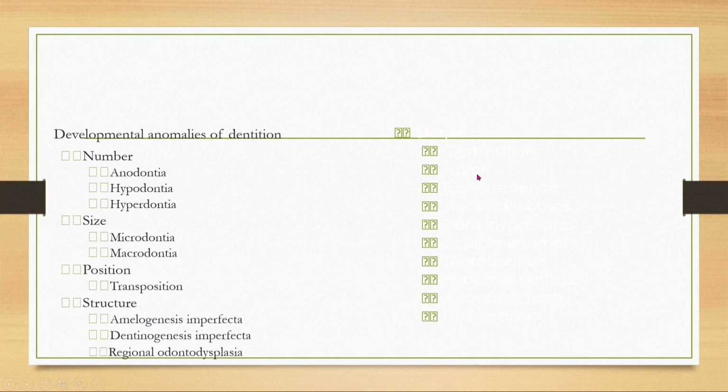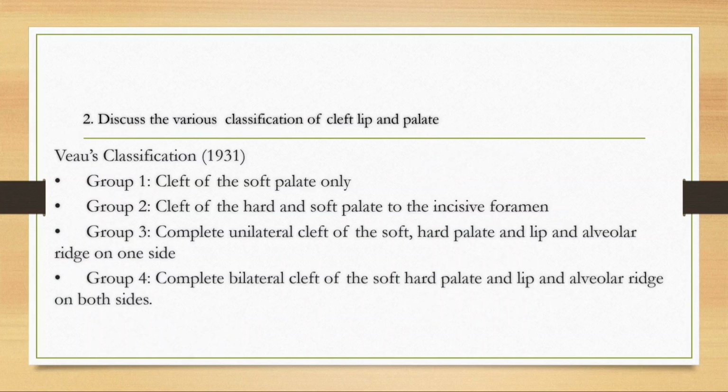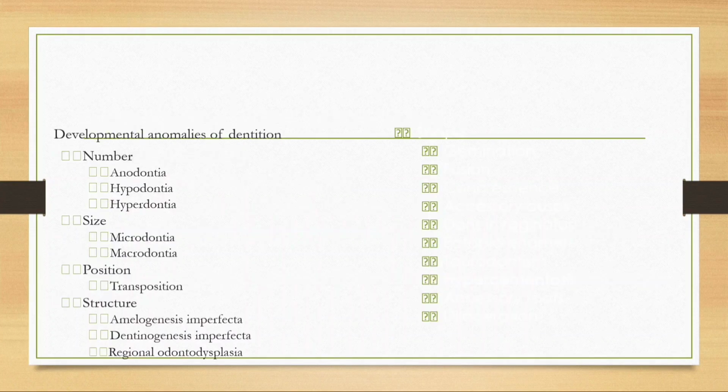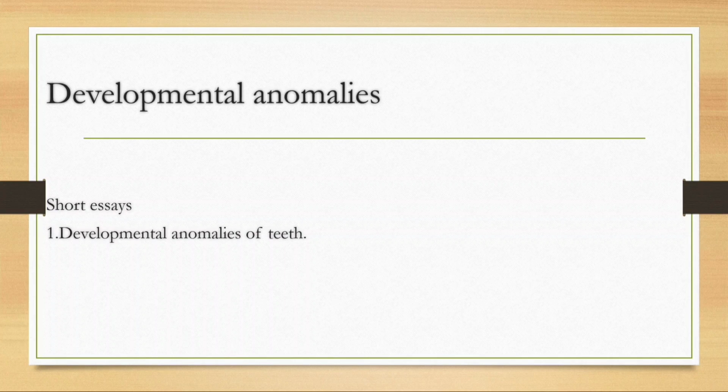Whereas the shape we have gemination, fusion, concrescence, dens invaginatus, then taurodontism, hypercementosis, many other, dilaceration. So all need to be explained if it is asked as a long essay.